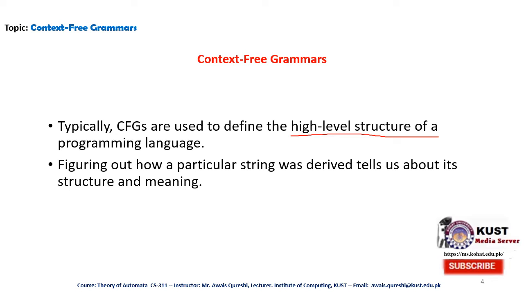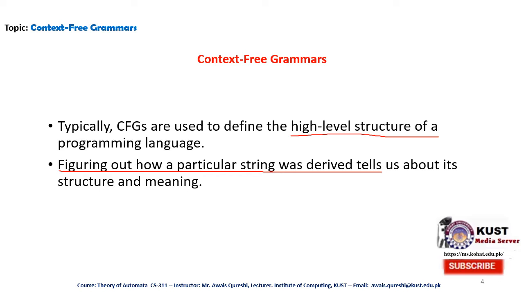So the first task of the parser, which uses context-free grammars, is to figure out how a particular string was derived, and this tells us about its structure and meaning.